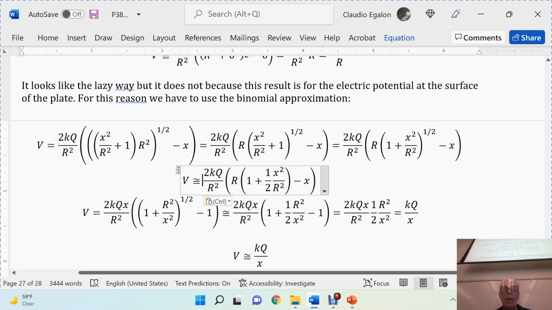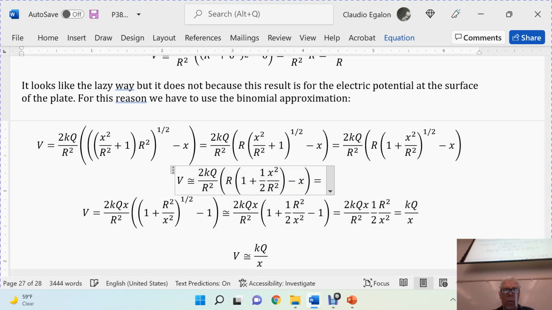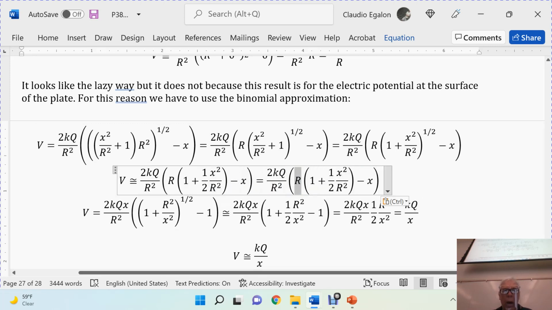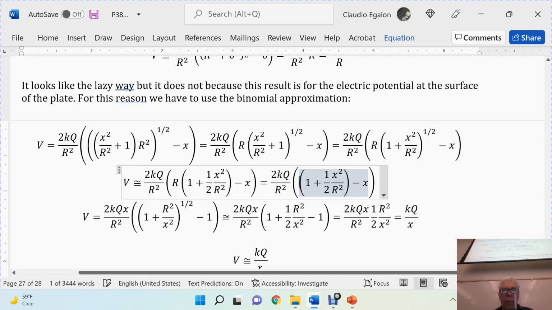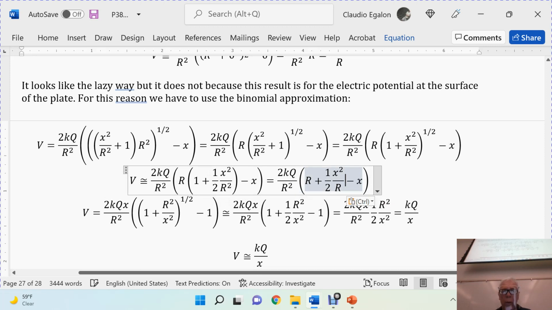We do not have an approximation here. That's good. Next. The R, we can expand this term. When you expand this term, this R cancels out.